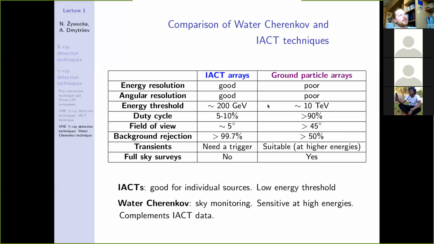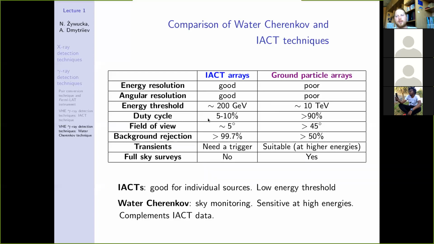For ground particle arrays, depending on the altitude and the number of those Cherenkov tanks, it will be maybe 1 TeV, maybe 10 TeV. The higher the altitude, the more you can lower your threshold, but generally it's much higher than for IACTs. Then for duty cycle, what's the percentage of time you're actively observing?